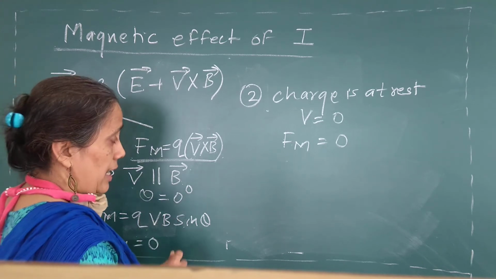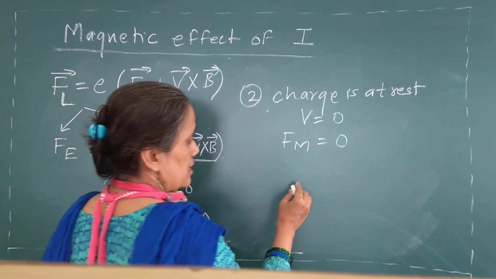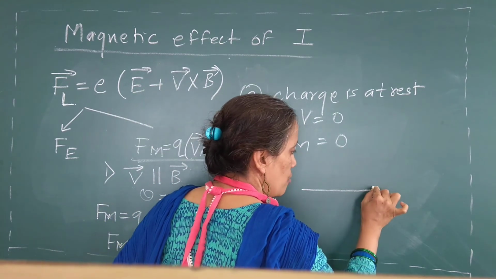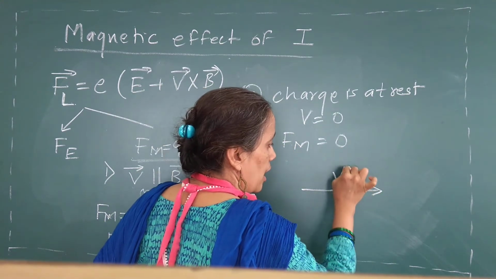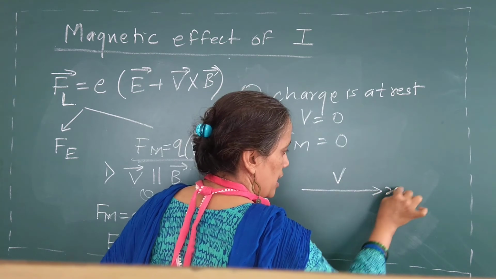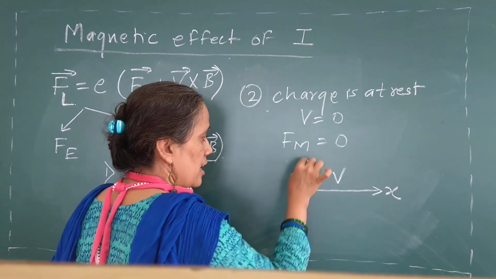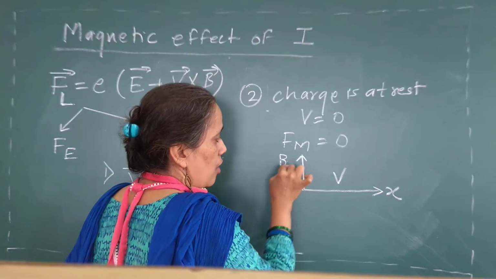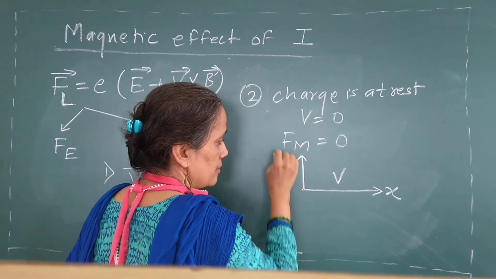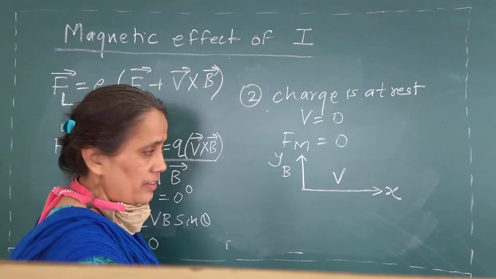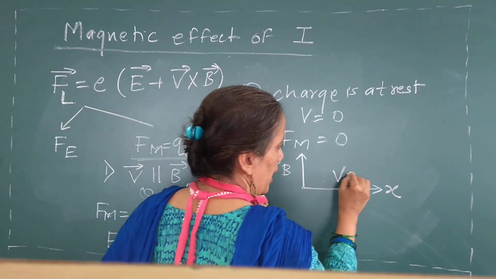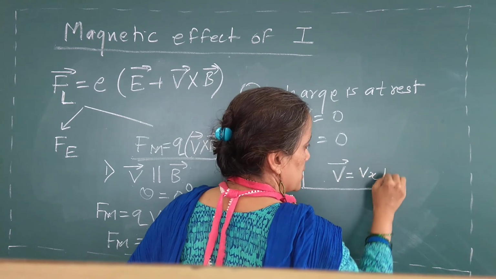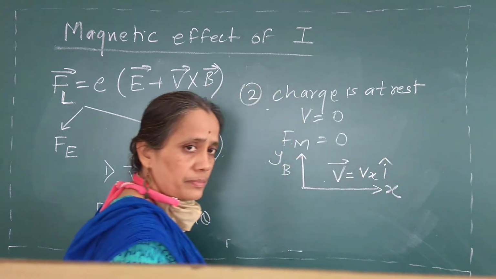Now there is one important case: if your charges are moving with a certain velocity v along the x-axis, therefore there will be a production of magnetic field along the y-axis. Is it right? Means the vector v, I can write as vx into unit vector i.